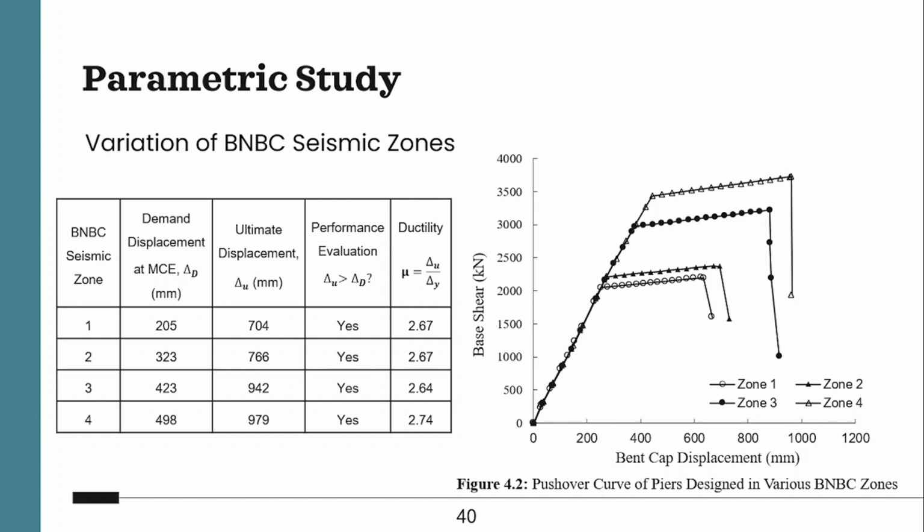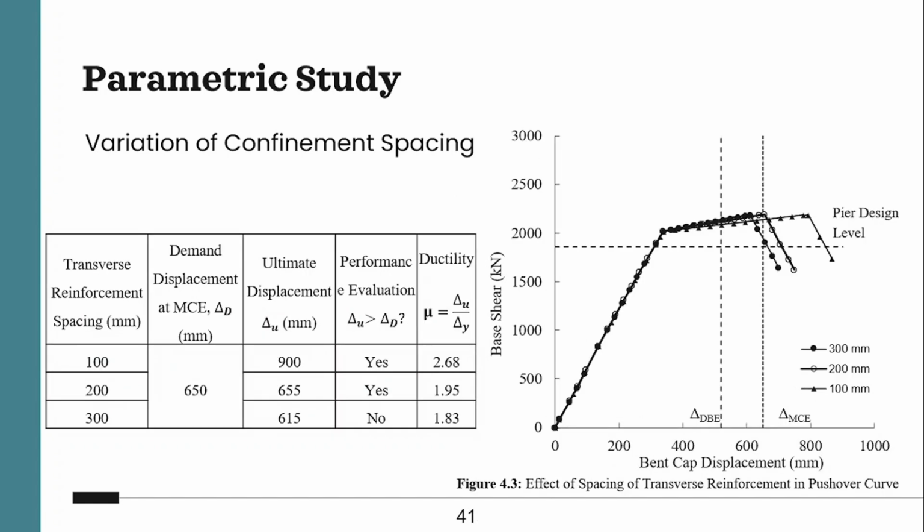One of the objectives of our study was to check whether the design guidelines that we are proposing actually provide a safe structure or not. We checked that for all of these cases, for the different performance levels, and we found that in every case this is okay.